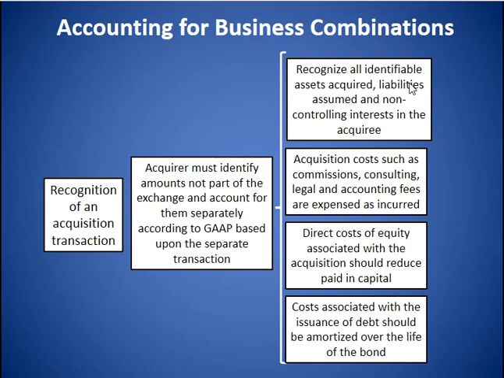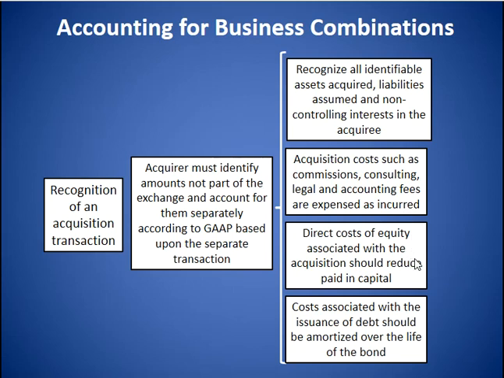Now again, as I said before, when we recognize this acquisition, we're going to recognize all identifiable assets acquired, liabilities assumed, and non-controlling interest in the acquiree. Okay, acquisition costs such as commissions, consulting, legal, and accounting fees are typically expensed as they're incurred.